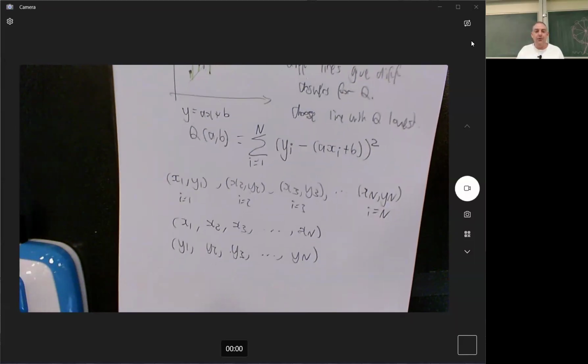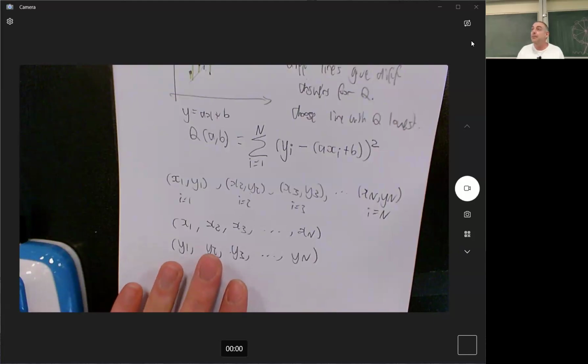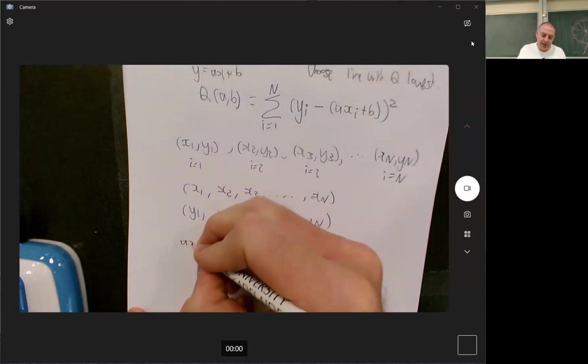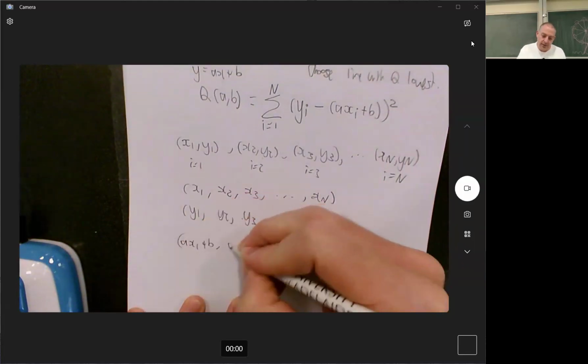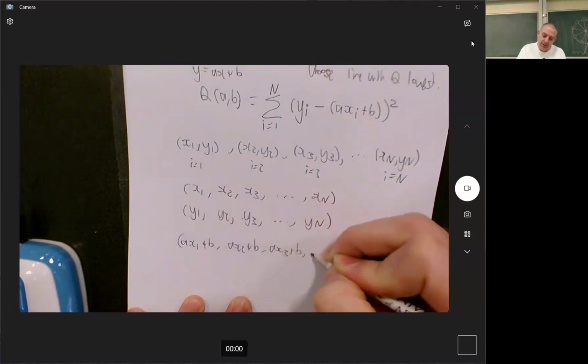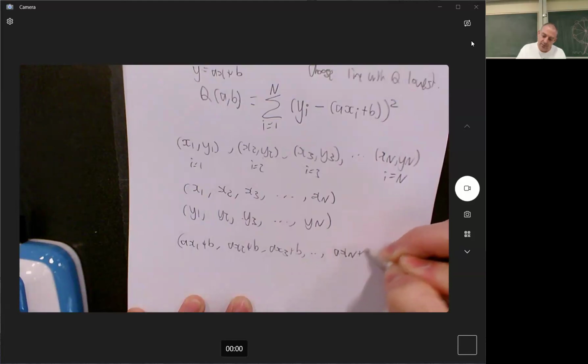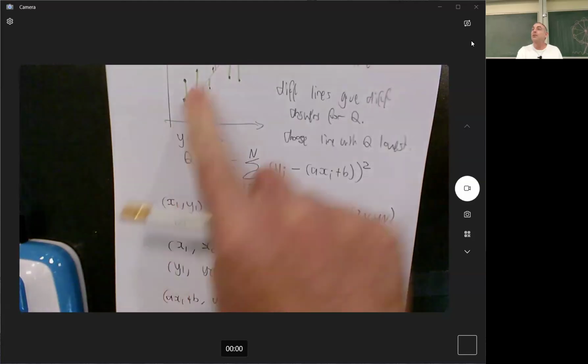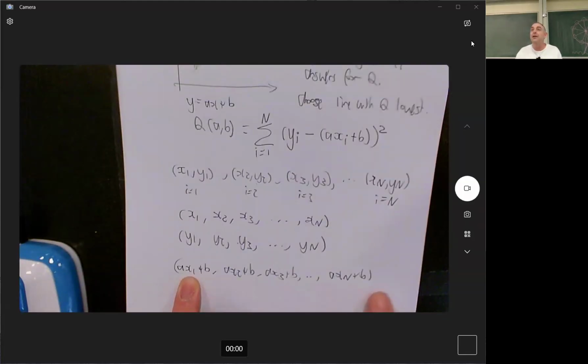And so if you're going to do ax plus b, if we have ax1 plus b, and ax2 plus b, and ax3 plus b, all the way up to axn plus b, these are all the y coordinates for the points on the line of best fit.